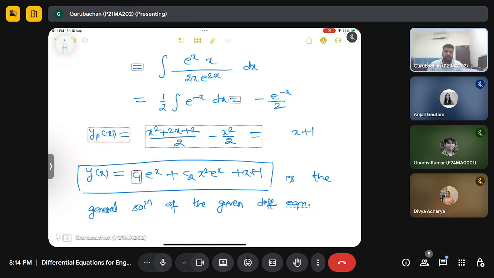Then we considered some non-simple kind of functions for the non-homogeneous part, and also dealt with variable coefficient second order differential equations with the help of the method of variation of parameters.